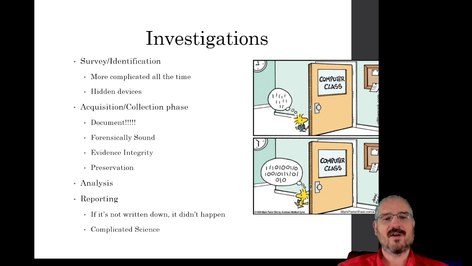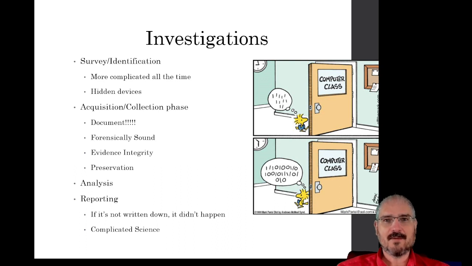But once we've identified every source of digital evidence, we move into the second phase, which is the acquisition phase or collection phase. And at this point, essentially, what we're looking to do is preserve all that digital evidence. The process usually begins at the crime scene, but it continues back in the digital forensics lab.